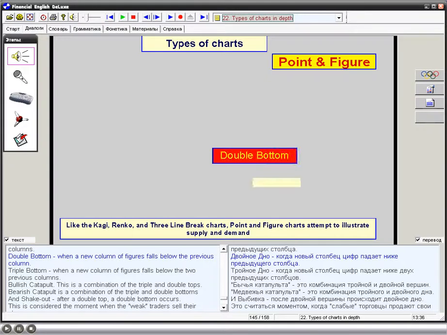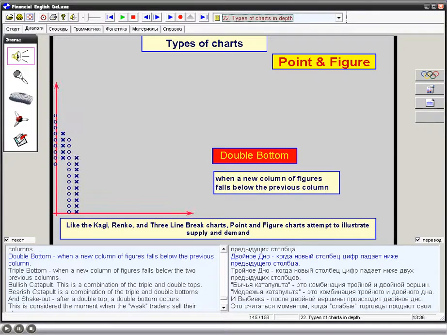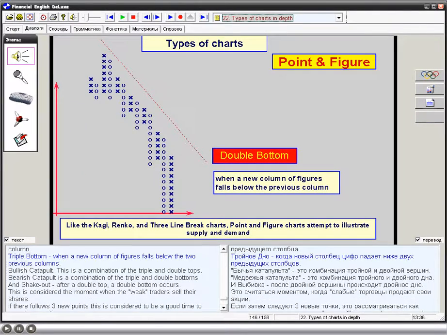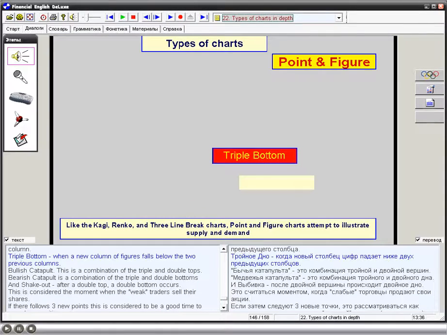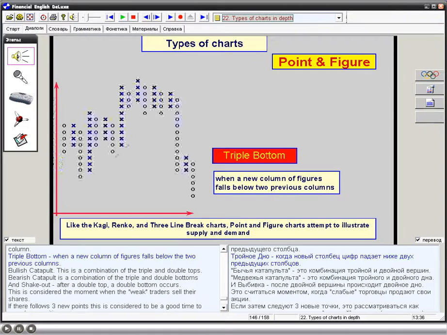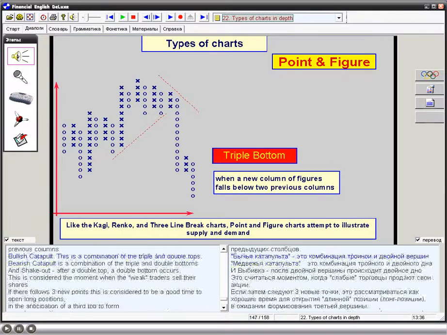Double bottom, when a new column of figures falls below the previous column. Triple bottom, when a new column of figures falls below the 2 previous columns.